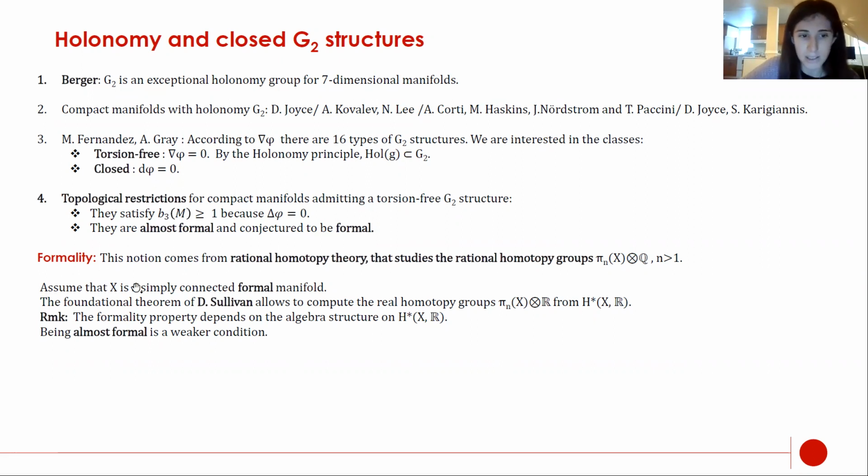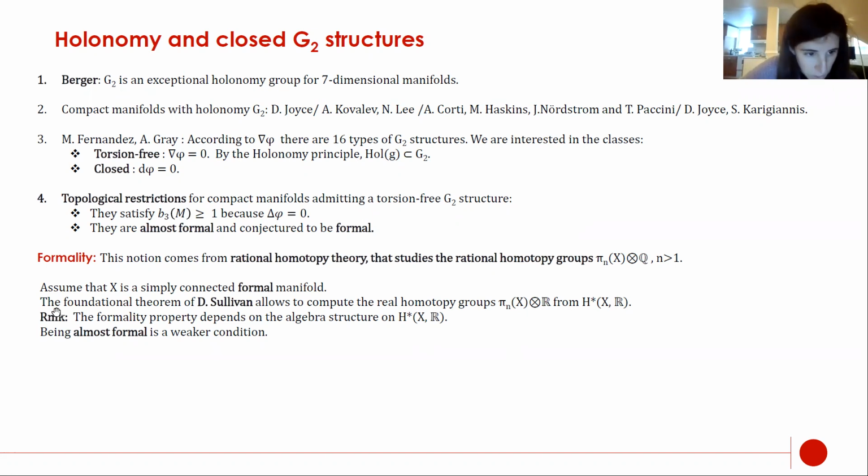Assume that we have a simply connected formal manifold, then there is a theorem of Sullivan that says that one can compute the real homotopy groups, which are just the tensor product of the higher homotopy groups with R, that is the torsion-free part again, but now with coefficients in the real numbers instead of the rational numbers. We can compute these groups from the cohomology algebra of the manifold with real coefficients.